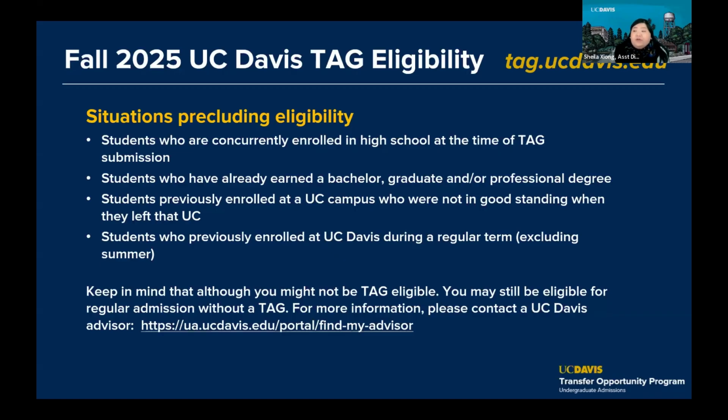And if you were previously enrolled at UC Davis during a regular term, you won't be able to TAG back to Davis. Just keep in mind that if any of these situations apply to you, you won't be able to TAG, but you may still be eligible for regular admission. So if none of these criteria apply to you, then don't worry about it.